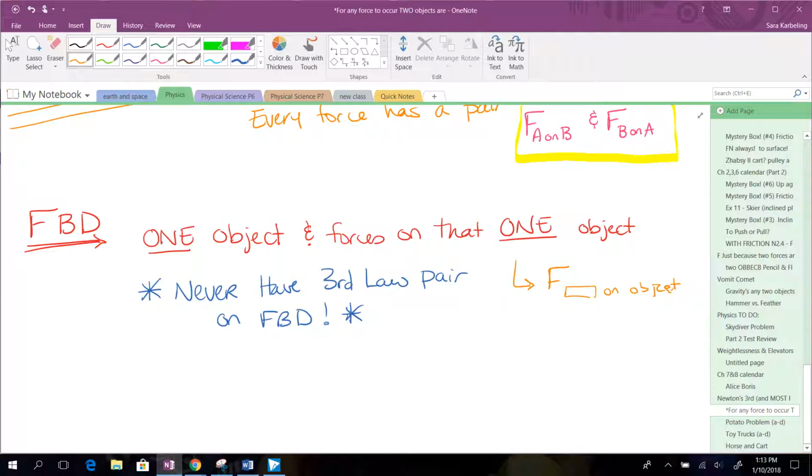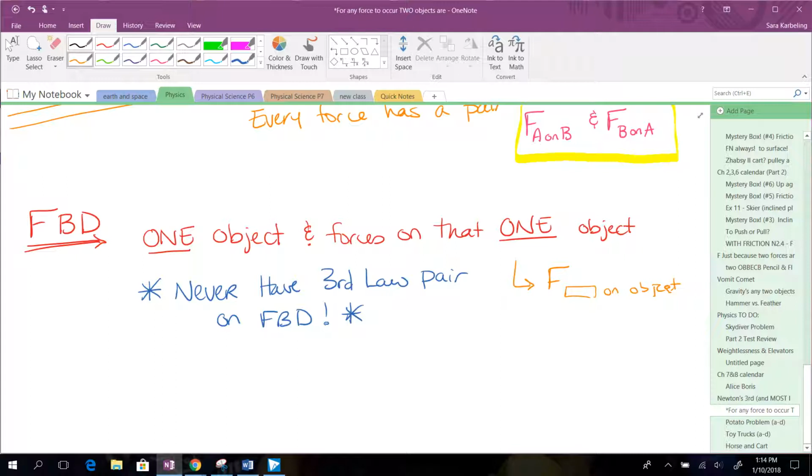All right. Let's take a look at this one. Bowling pin. And the bowling pin was the thing that had the asterisk next to it, right? For the bowling people. Is that true? Okay. So we've got the force of the lane on the bowling pin. Is that okay? Sure. This is the force of the bowling ball on the bowling pin.